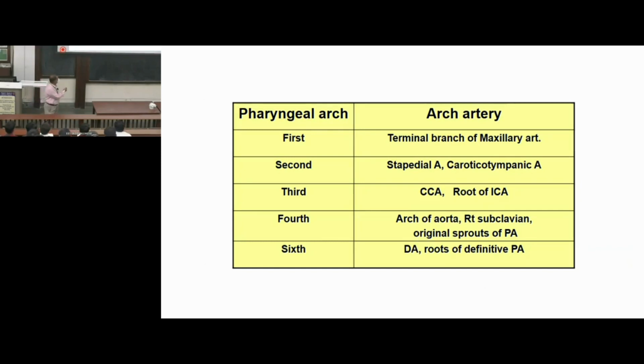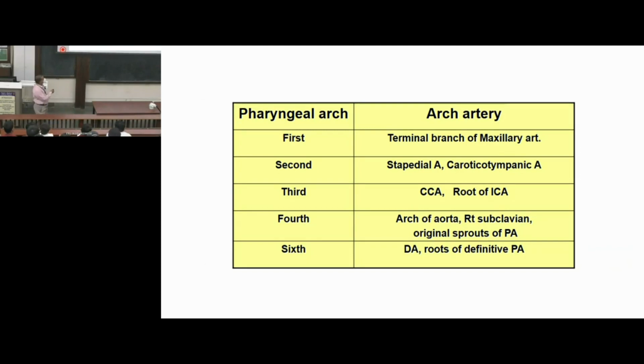Third arch, common carotid artery and the root of the internal carotid artery. Fourth arch, on the left hand side, gives rise to the arch of the aorta. Right fourth arch artery gives rise to the right subclavian artery. Sixth arch artery forms the roots of the definitive pulmonary artery and also part of the dorsal aorta.